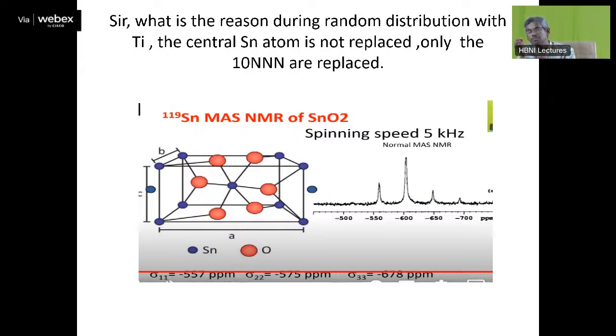The corner atom can become a central atom and the central atom can become a corner atom due to translation symmetry. So the crystal has this property. For ease of consideration, because we are trying to probe tin, we have taken it as a tin at the body center. In fact, you can take it as a tin at the corner also. The results will be the same because the number of next nearest neighbors will be the same.